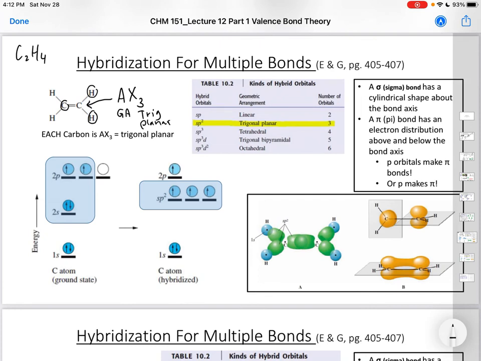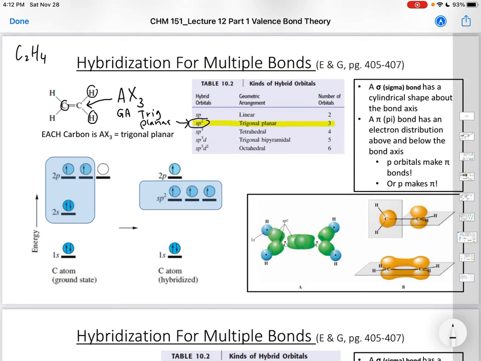Okay, and again, you need to have your VSEPR table out in front of you to figure that out. Trigonal planar would give you sp2. So the Lewis dot structure, the VSEPR model gives you the AXE formula, and then you have your geometric arrangement, which will get you the hybridization, in this case, sp2.